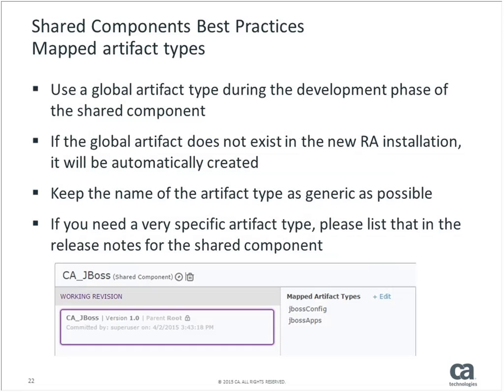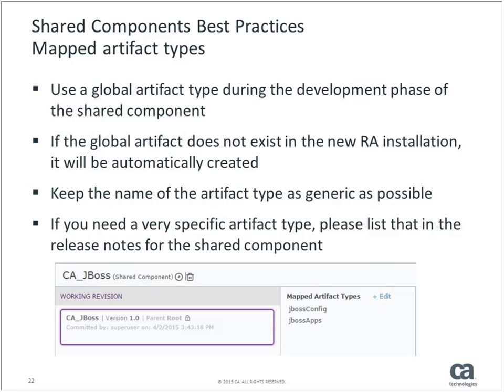All right. Mapping the artifact types. Like I said before, the beauty of the global artifact is that it allows this particular generic artifact to be distributed across multiple applications. And it will make your job easier when you're using the share component, specifically if your share component deals with artifact manipulation.